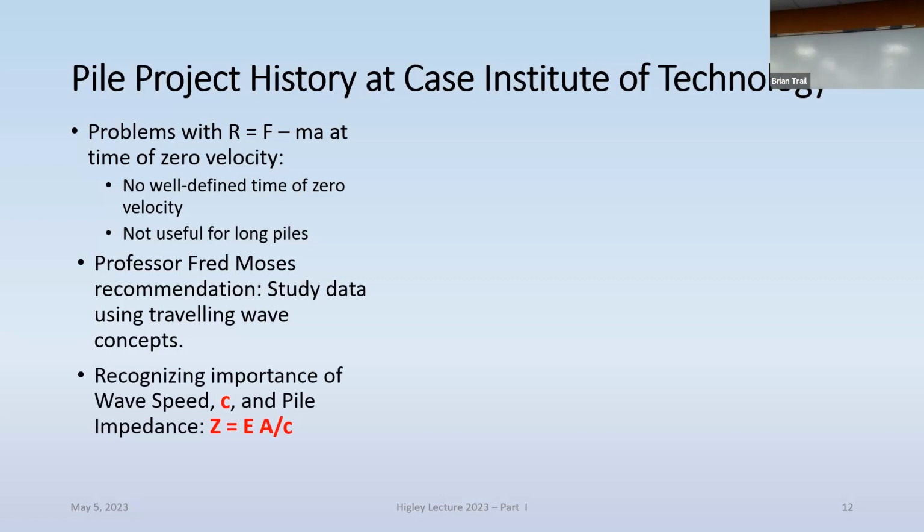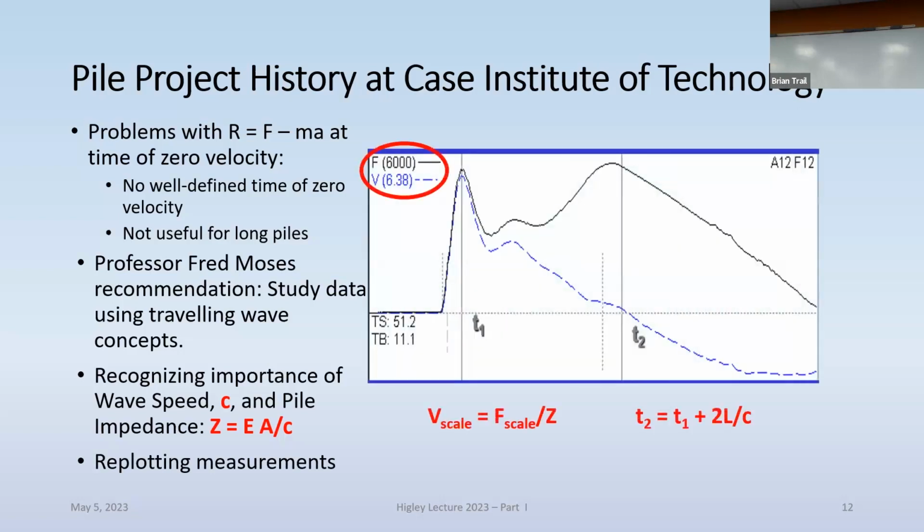There's a stress wave going down, coming back, and the pile impedance was a very important quantity too, because if you now plot it considering the impedance, then you will see that these curves suddenly make sense.